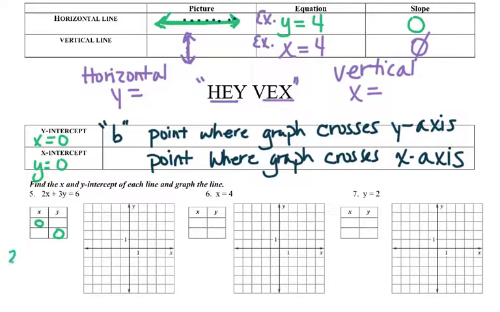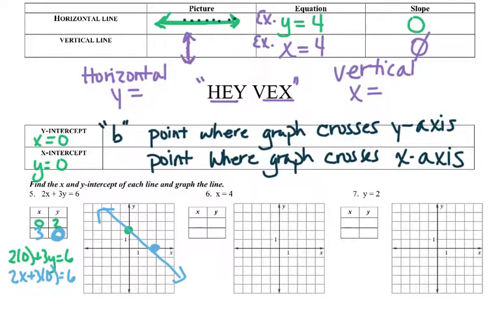If I put in a 0 for x, 2 times 0 plus 3 times y equals 6. Isn't y just 2? So that ordered pair 0, 2 is the y-intercept. Change colors here. If I let y be 0, 2x plus 3 times 0 equals 6, I get 2x is 6, so x is 3, and 3, 0 is the x-intercept. And then I can connect them to draw my line.